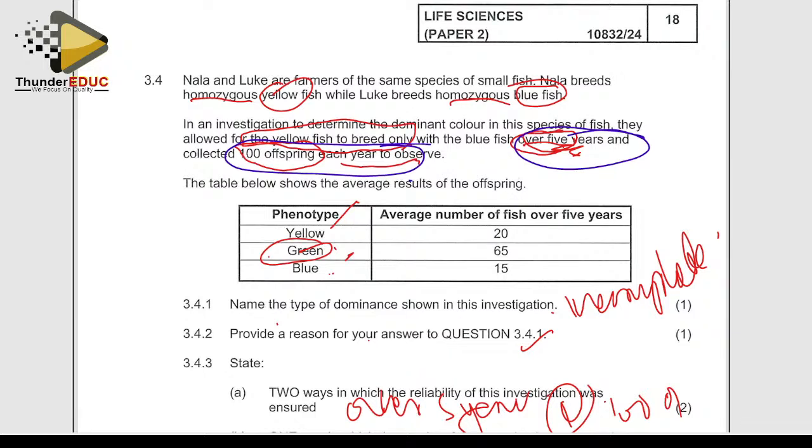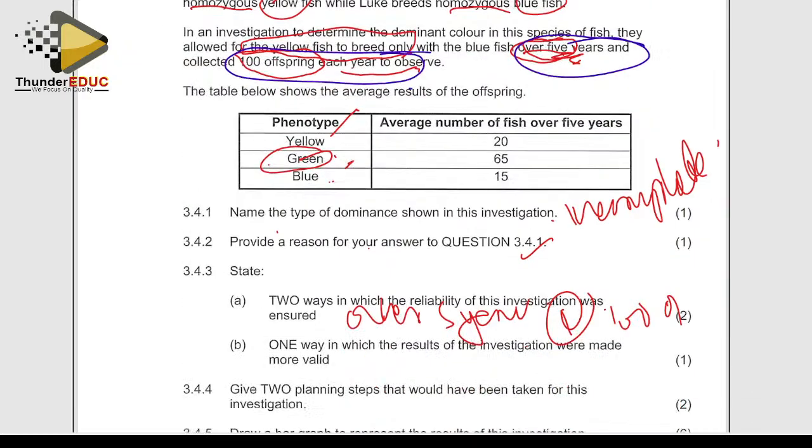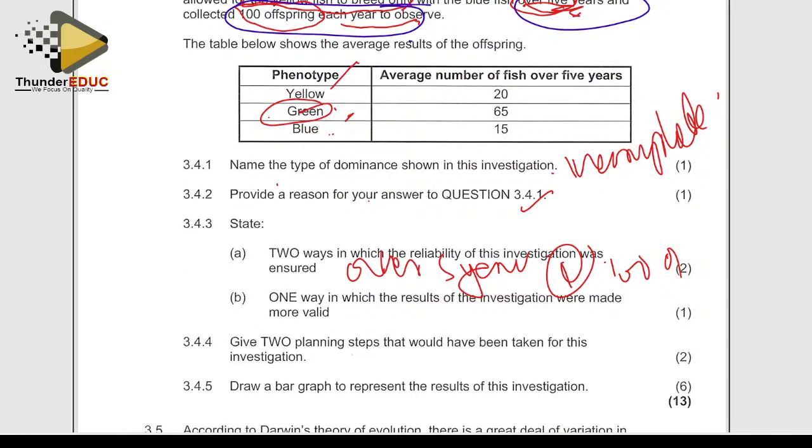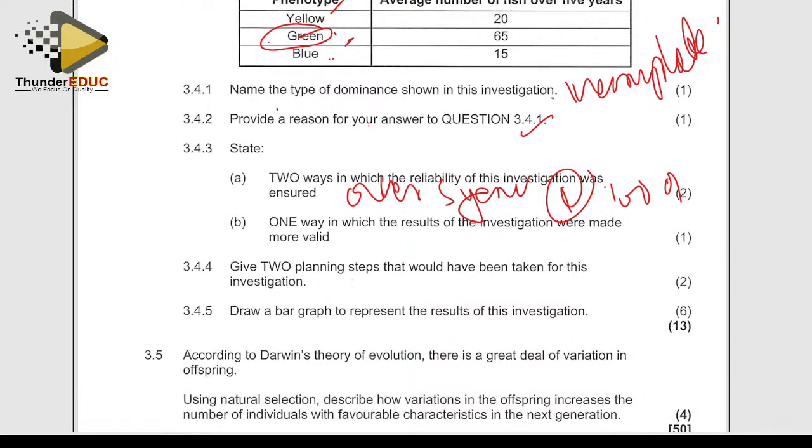So they kept the same type of species. The blue were supposed to be homozygous, and also this one was supposed to be. They didn't change it over the experiment. So if you wrote any which was used, they will credit you hopefully.